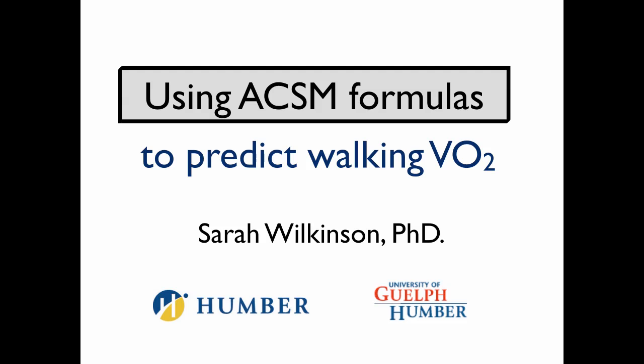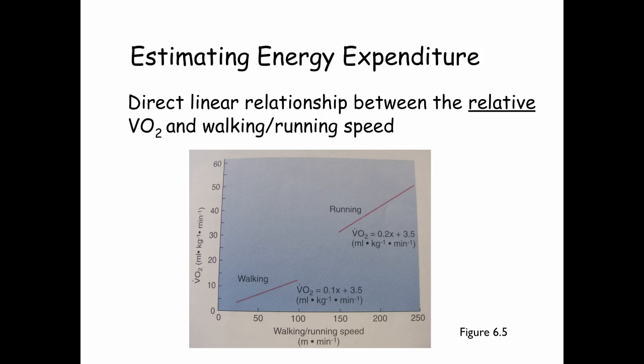Today I'm going to explain how to use the American College of Sports Medicine formulas, ACSM formulas, to predict walking VO2. We know there's a direct linear relationship between someone's relative VO2 and walking speed.